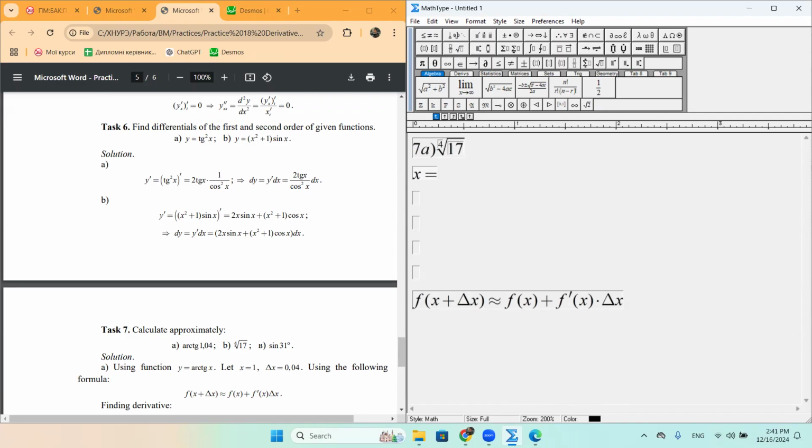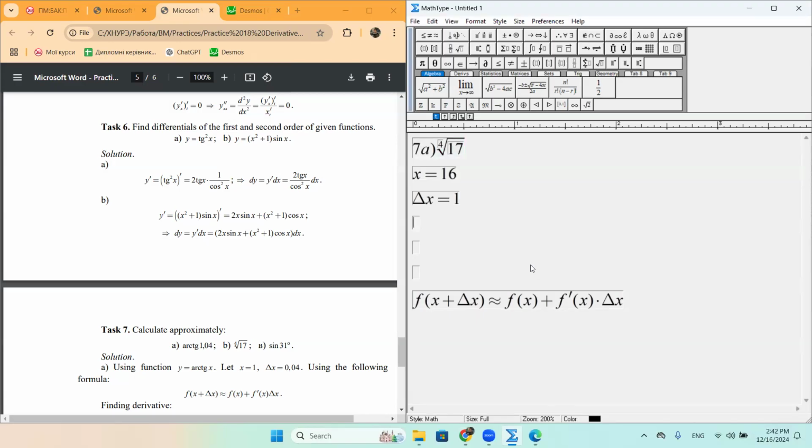What will be equal x? What will be equal delta x? Daniel, yeah, your suggestion? I think x equals the root of the 4th power of 16. Yeah, so x equals 16 and delta x equals 1. So x is basically the argument under the root of power 4.